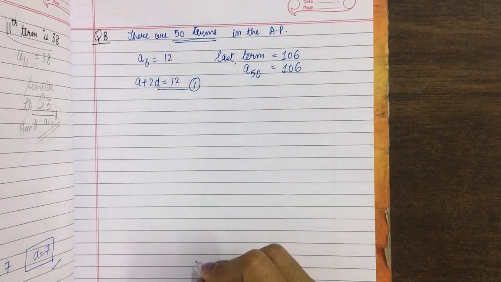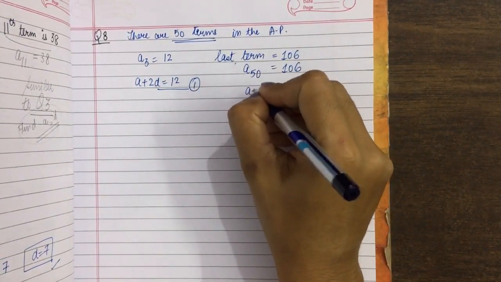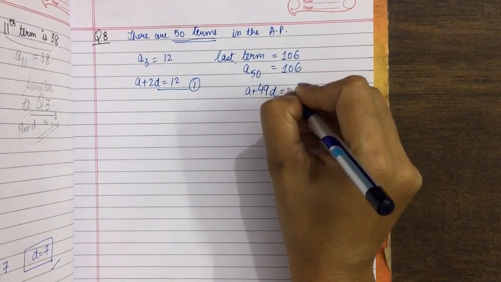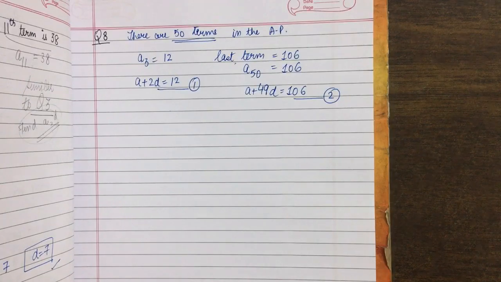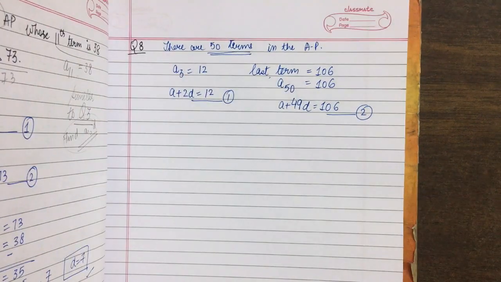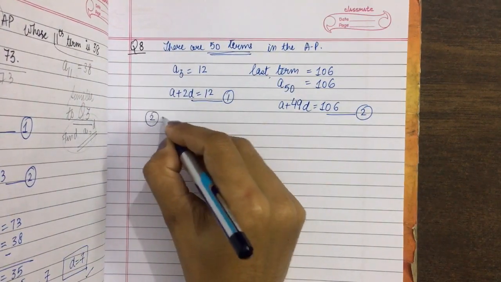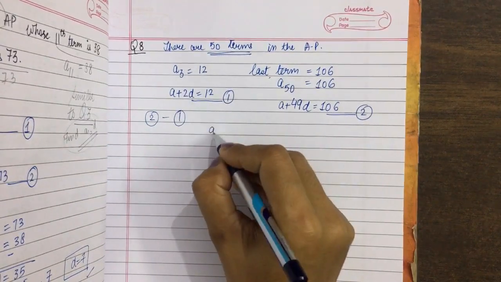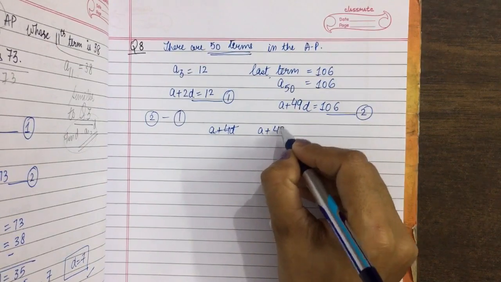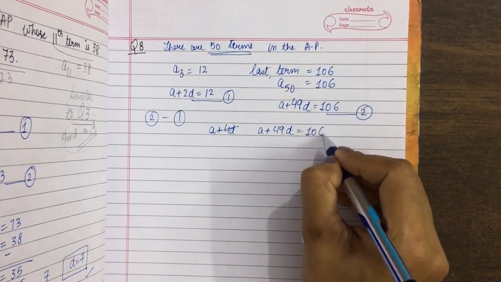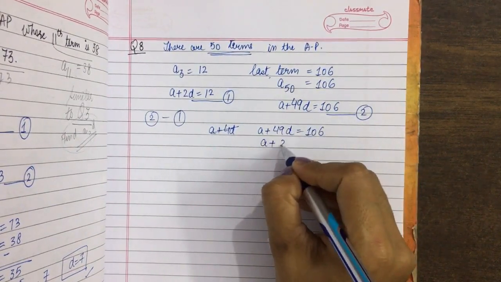Let's mark this as number 1. From here it will be A plus 49D. This is equal to 106. This is equation number 2. Let's solve these two equations. Again, I'm going to use the elimination method. So second equation minus the first equation.